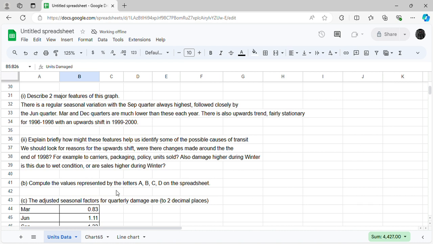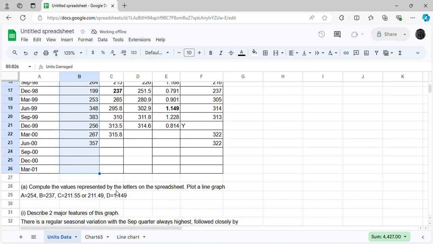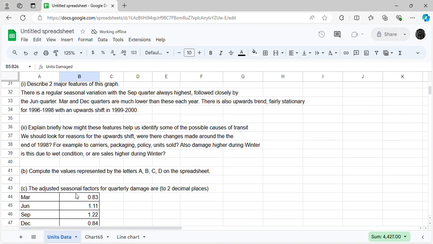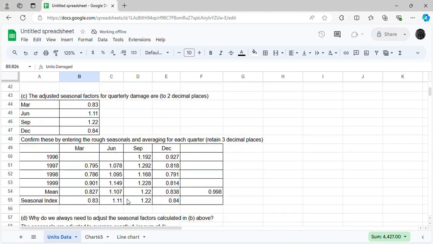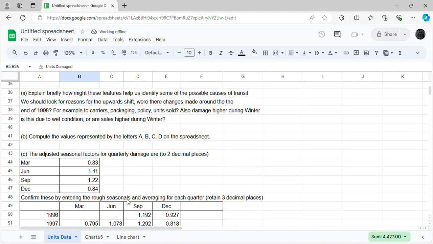Compute the values represented by the letters A, B, C, D on the spreadsheet, which we have already done. The adjusted seasonal factors for quarterly damage, to 2 decimal places, are given as: for March, the seasonal factor is 0.83, June 1.11, September 1.22, December 0.84. Confirm these by entering the rough seasonals and averaging for each quarter.